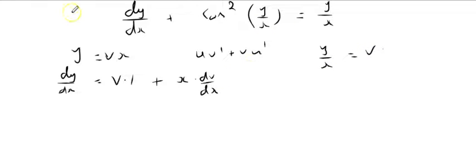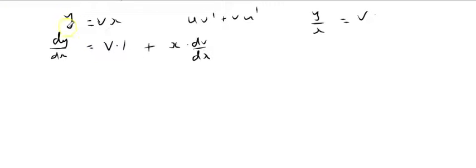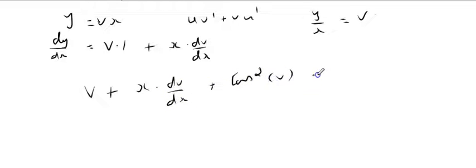So in the place of y/x, I am going to put v, and in the place of dy/dx, I am going to put v + x dv/dx. That gives v + x dv/dx + cos²v = v. Now this v and that v will get cancelled. Now it's going to be pretty easy.